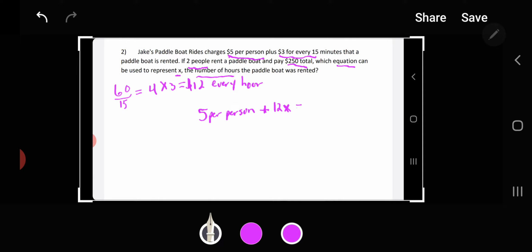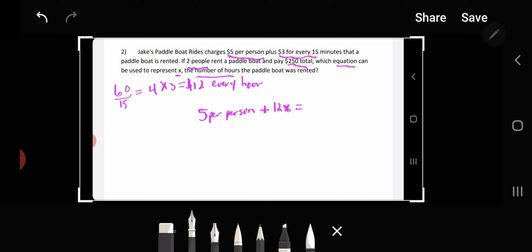And we know it's equal to, in this case, if 2 people rent it. So we're not going to say per person anymore because we know 2 people. So 5 times 2 people plus 12x equals, when we know they spent $250.